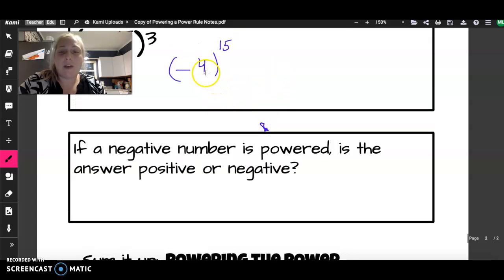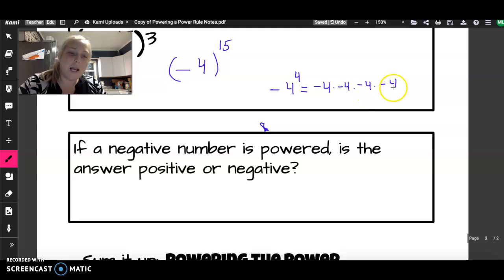If we have a negative number that's being powered up, well, let's say it was -4 to the 4th power, right? That would be negative 4 times negative 4 times negative 4 times negative 4. Negative times a negative makes a positive, and then negative times a negative makes a positive number, and then that positive times a negative would be negative, but then that negative times a negative would make this a positive answer.